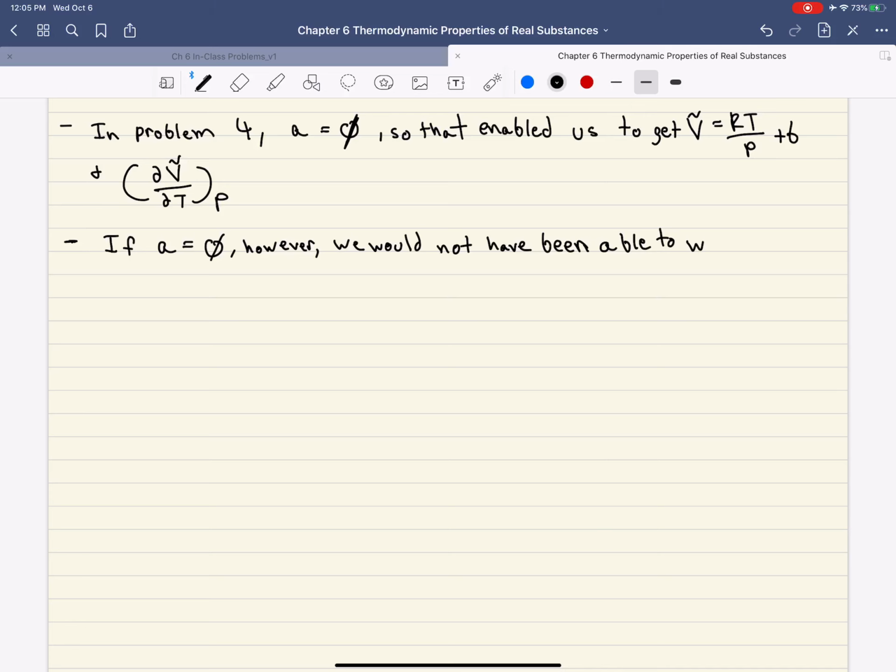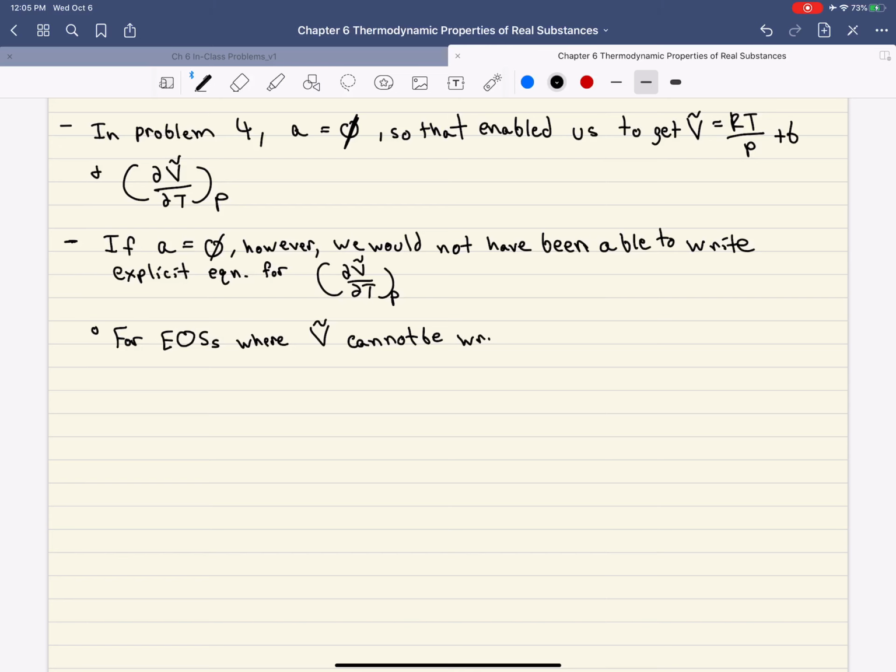So we would not have been able to write an explicit equation for dV/dT at constant P. Alright, and so if you run into that sort of situation, so for equations of state where V cannot be written explicitly, to get around or to get over this barrier, you would actually have to do more thermodynamics of calculus, or calculus of thermodynamics.